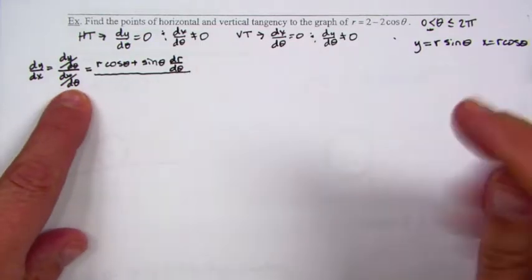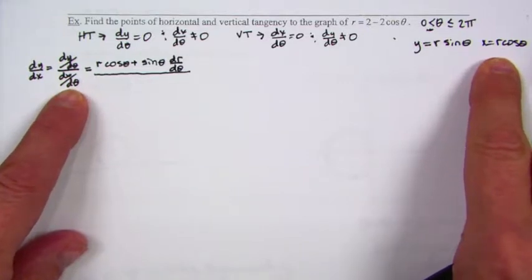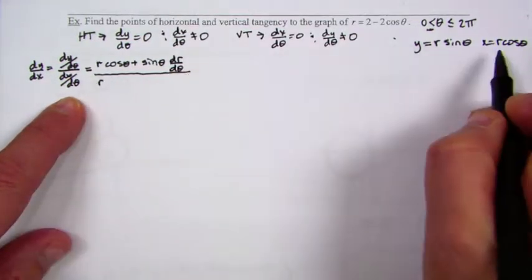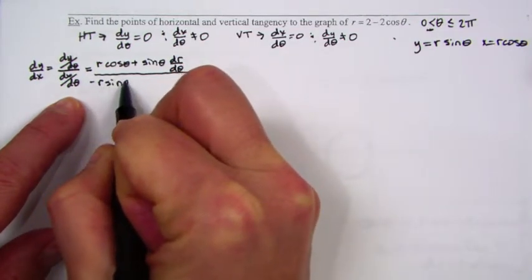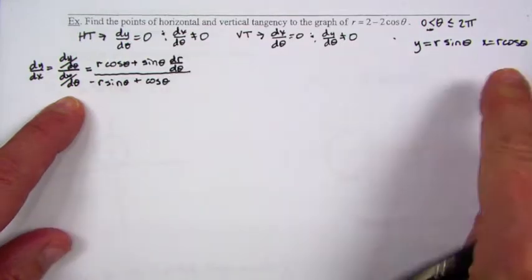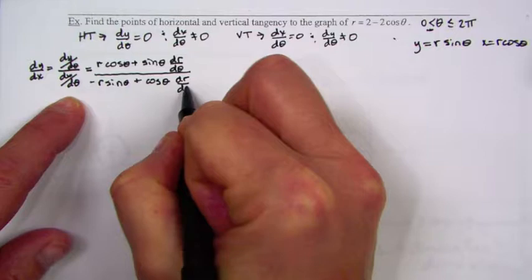And then to get dx d theta, I'm going to go to the equation that says that x is equal to r cosine theta, and I'm going to take the derivative of it with respect to theta using the product rule. So the first times the derivative of the second, that's going to be negative sine theta, plus the second, which is cosine, times the derivative of the first, which will be that 1 dr d theta again.